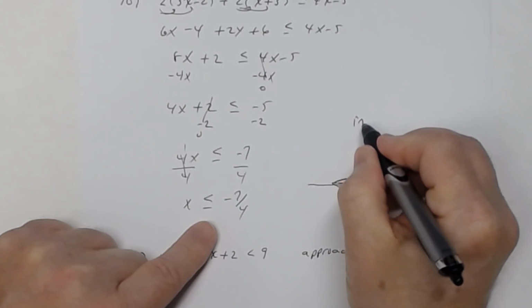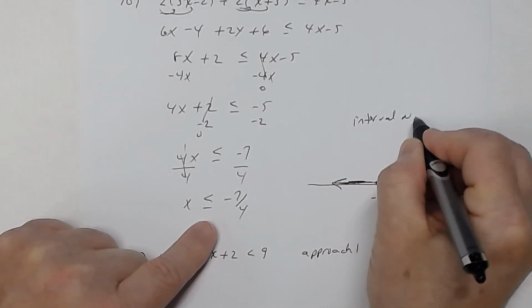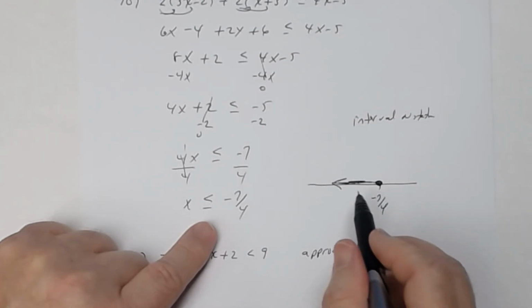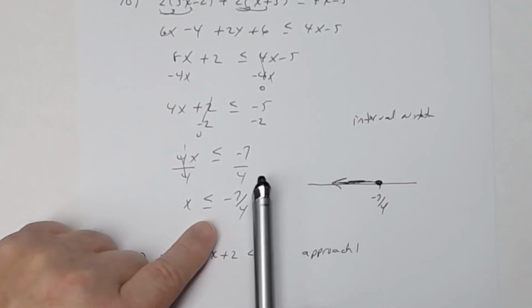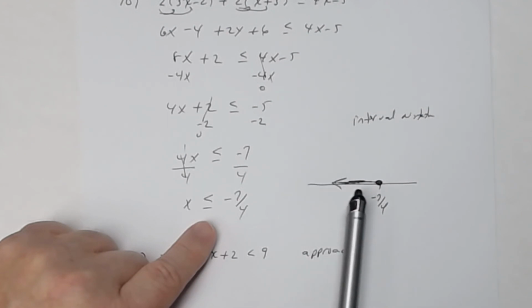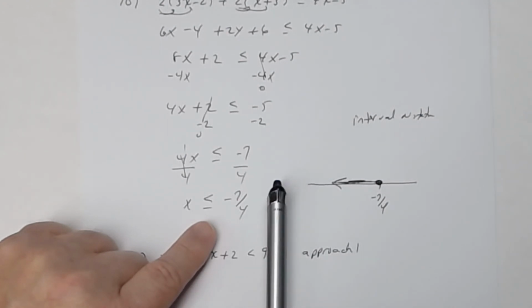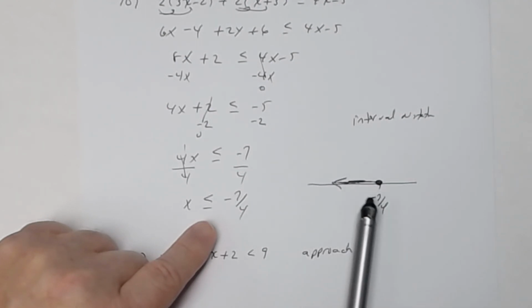You have to write the answer in interval notation. Once you have the graph in your mind, and remember you always go from left to right, you see that this arrow is pointing to the left, which means your solutions are going to be from negative infinity all the way to negative 7/4.